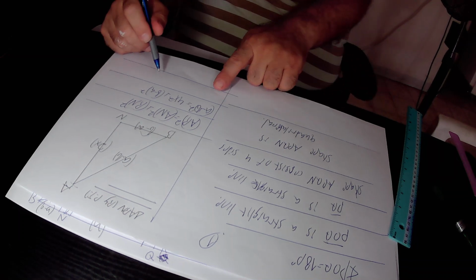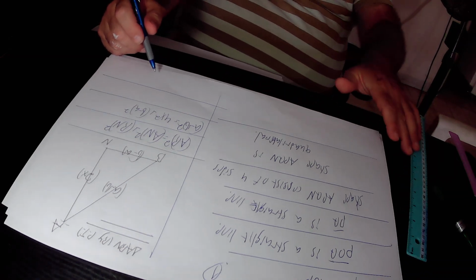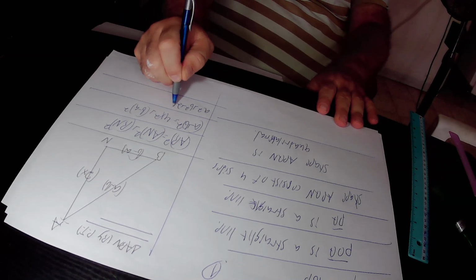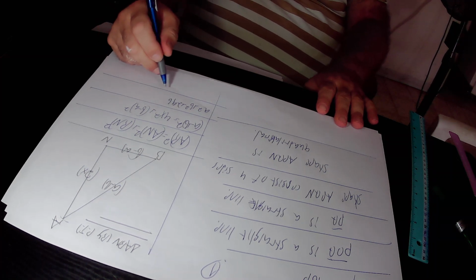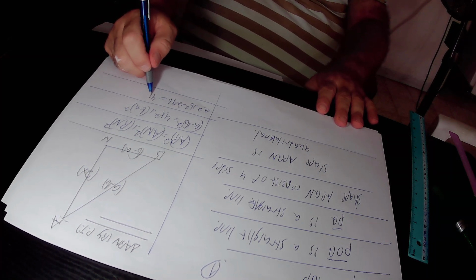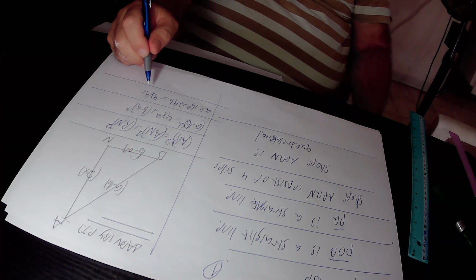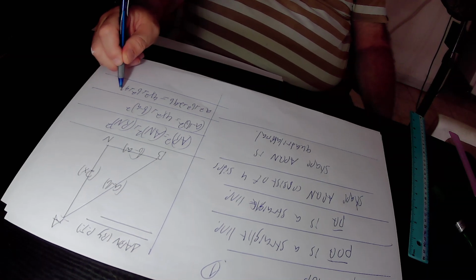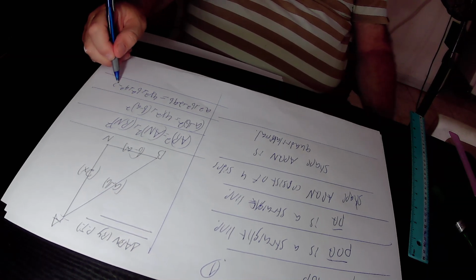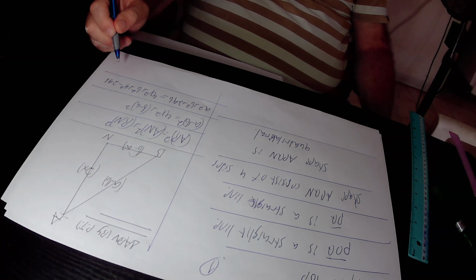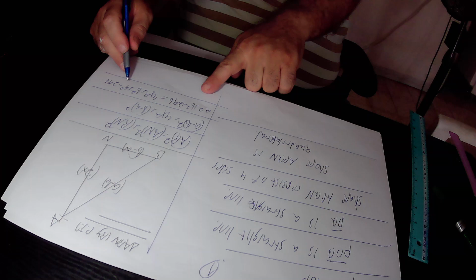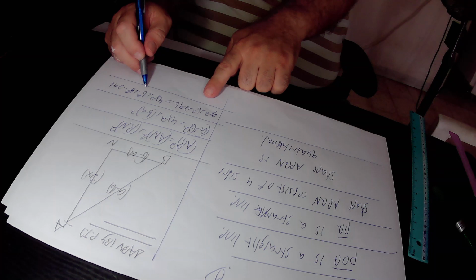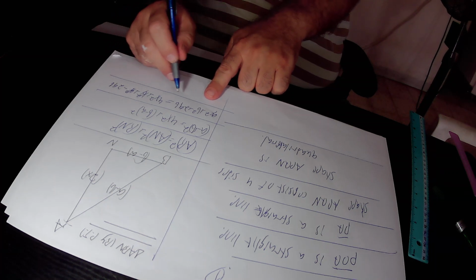We'll open the brackets on both sides of this equation, and we get that (A plus B) squared equals A squared plus B squared plus 2 times A times B, and it is equal to 4x squared plus (B minus A) squared. (B minus A) squared equals B squared plus A squared minus 2 times A times B. Here we have A squared on both sides, so A squared gets cancelled. We also have B squared on both sides, so B squared also gets cancelled.